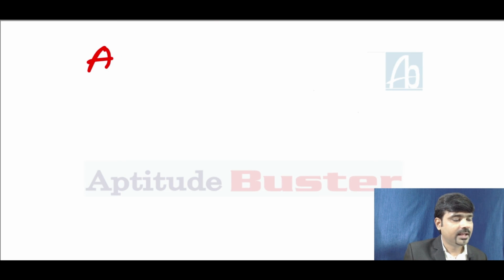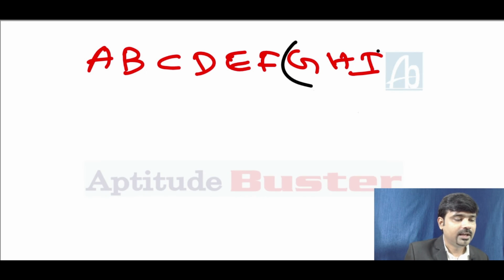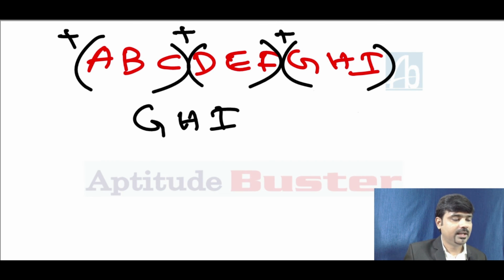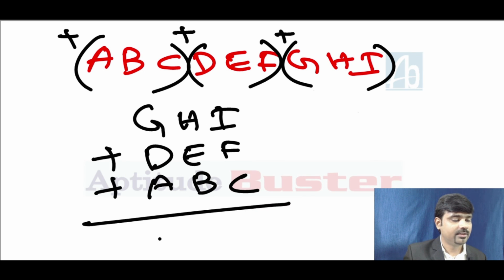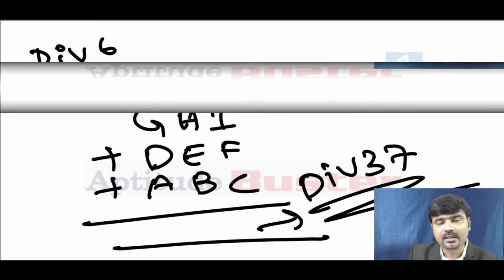If I take A, B, C, D, E, F, G, H, I, take these 3 digits, these 3 digits, these 3 digits, put plus sign, G, H, I plus D, E, F plus A, B, C. If the sum of these values is divisible by 37, it means the total 9 digits should be divisible by 37. Have you understood the difference between 11, 7, 13 and 37? From that you can derive anything.